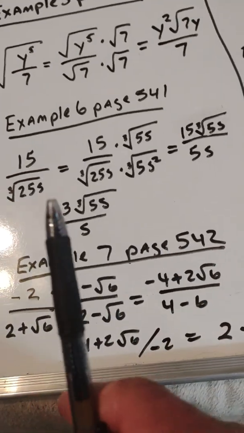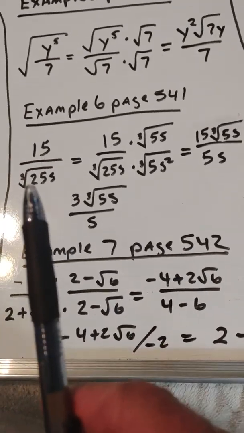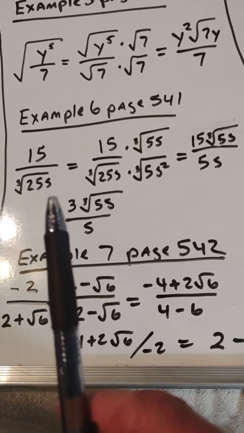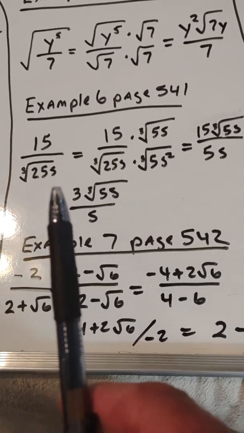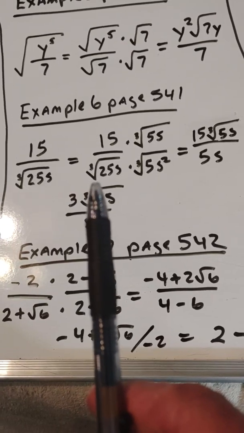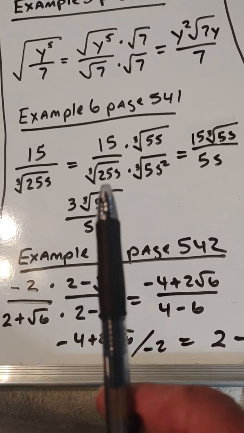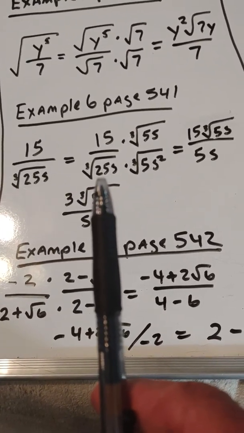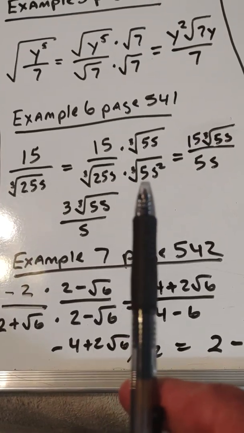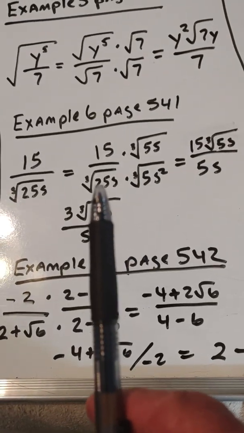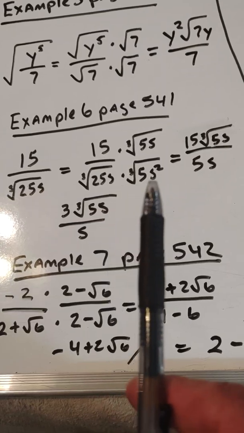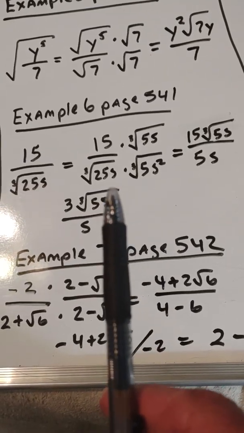Same thing here. This is 15 over cube root of 25s. That's an s, not a 5. So what happens here is the next perfect cube that we can get is 125. So we're going to multiply the 25 by 5 to get 125. We're going to multiply the s to the first power by s squared to get s cubed.